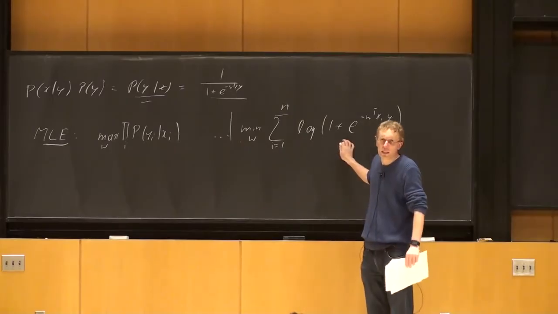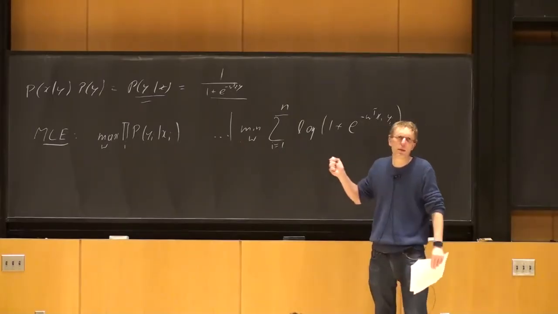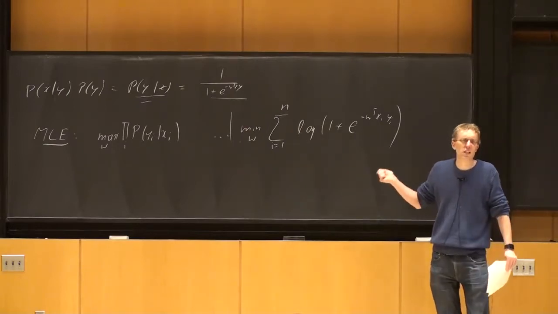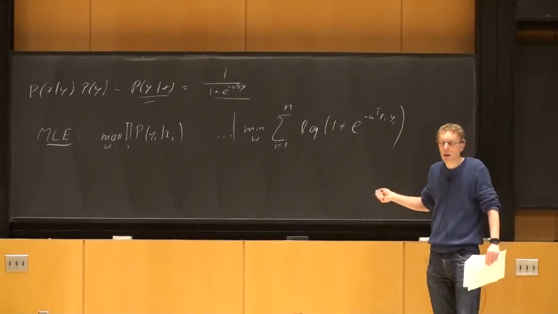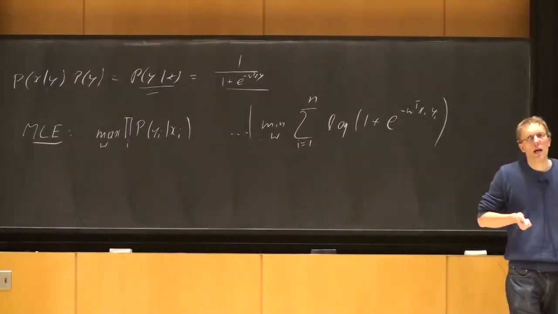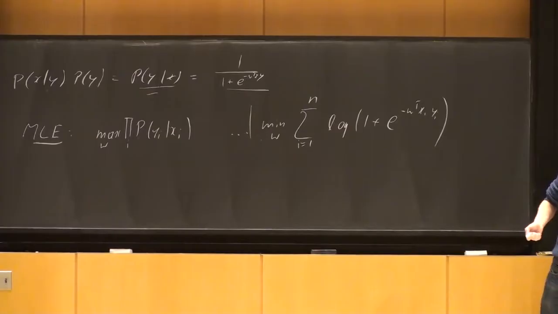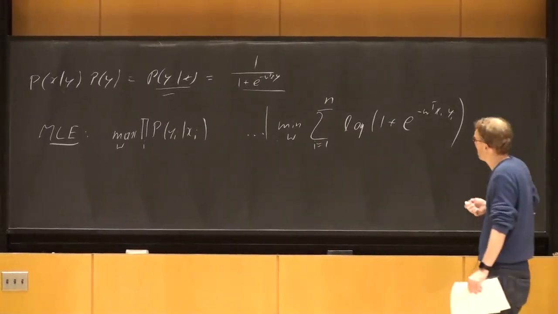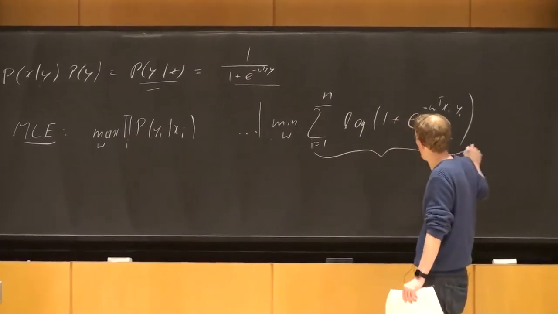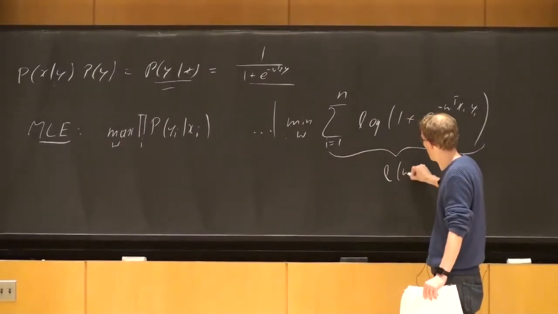Well, not all is lost. The problem is we now have this function and we don't really know what to do. But the nice thing is this function is actually very well behaved. It turns out it's continuous and differentiable, and actually it's even convex. So what we do is we call this thing our loss function, our loss of w.